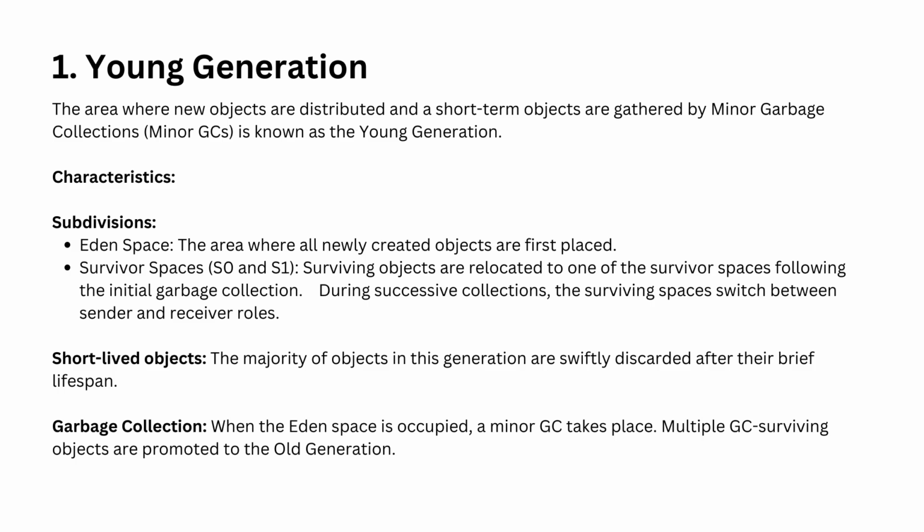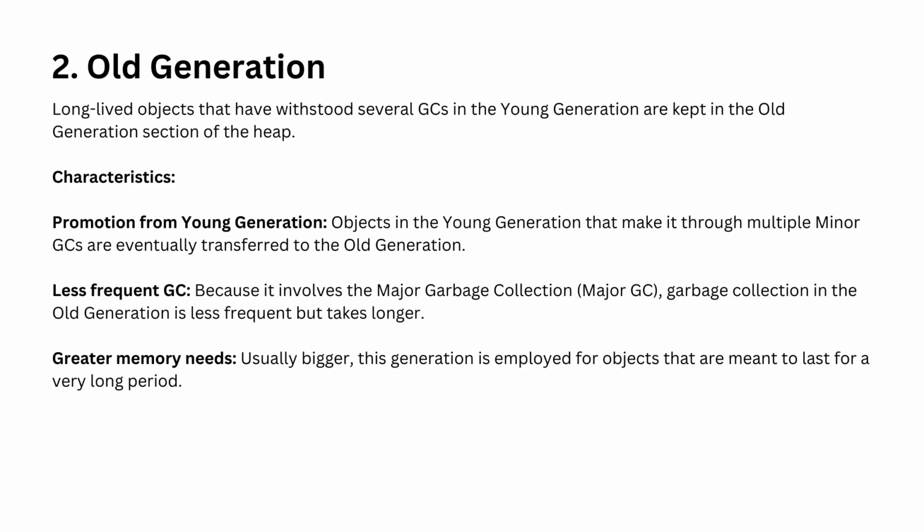The survivor spaces alternate roles between sender and receiver during subsequent collections. Now old generation is a promotion from young generation. Objects that survive several minor GCs in the young generation are eventually moved to old generation. In old generation we have less frequent garbage collection, and this generation is typically larger and is used for objects that are expected to remain alive for a long time.